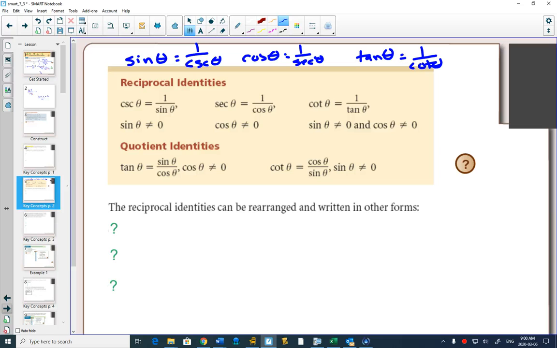And then we've also learned one of our big ideas, that tan was sine over cos. So if tan is sine over cos, then cotangent is cos over sine. These are identities you have already learned.